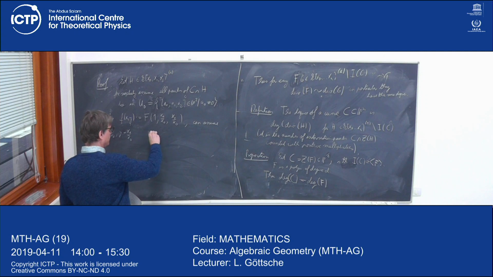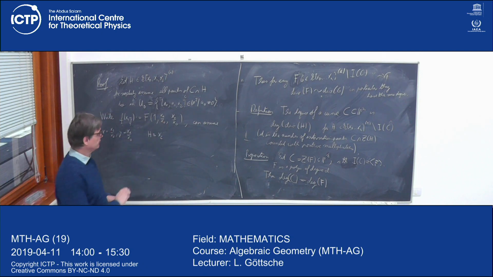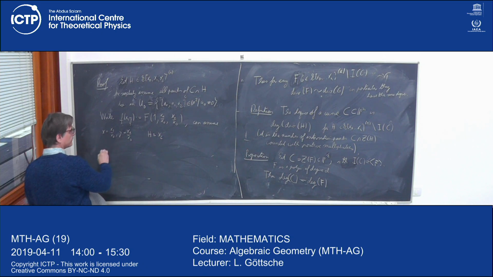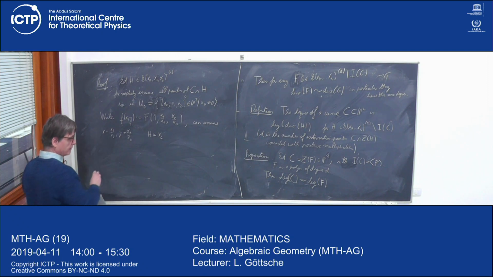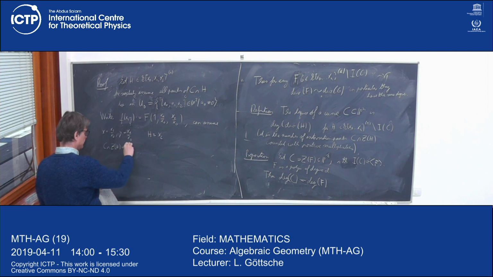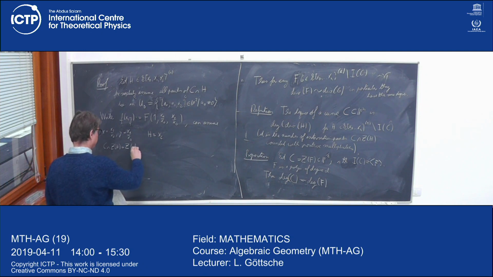H is originally equal to x2, so the zero set of it is the zero set of y. So that means if I take C intersected with the zero set of h, this is just the zero set of f and y.